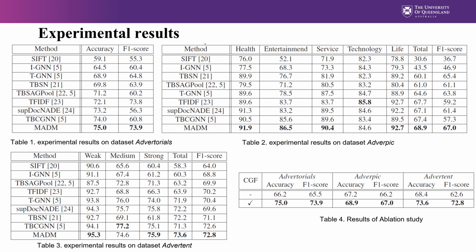The method is an end-to-end method, and the model uses the Adam optimizer. They also compare their method with other baselines. They compared with single modality methods such as SIFT, IGN, TGN and TF-IDF, and the rest of the methods are multimodal methods.